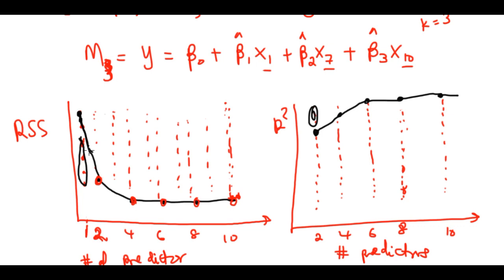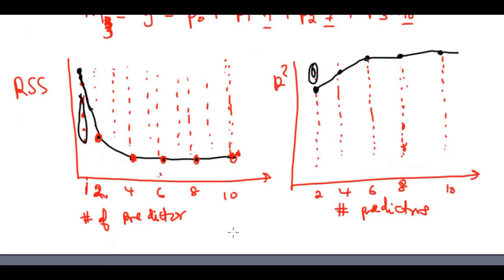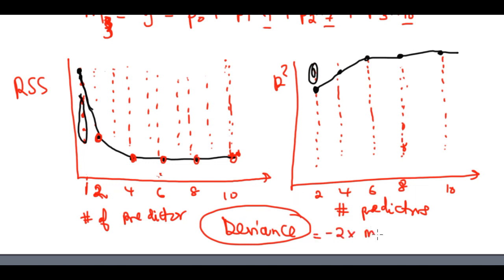The same principles apply for logistic regression and other models. The other models are ordered by something called deviance. The deviance is basically defined as minus 2 times the maximum likelihood.